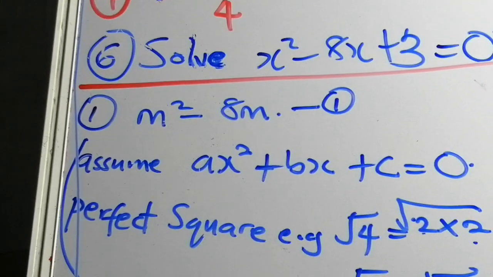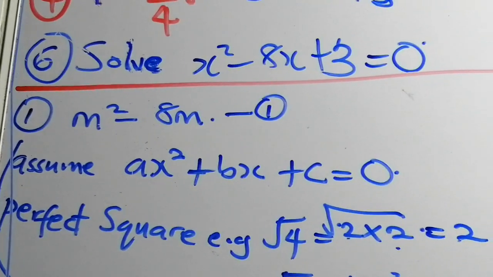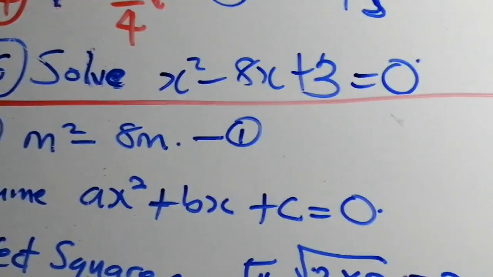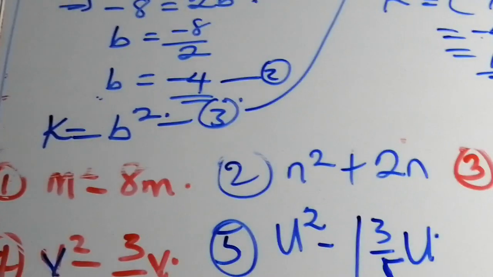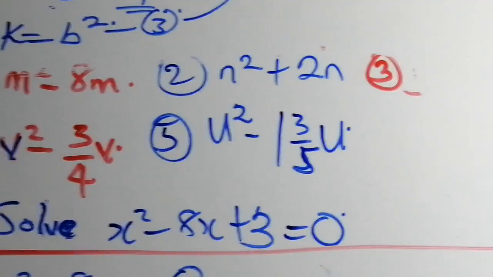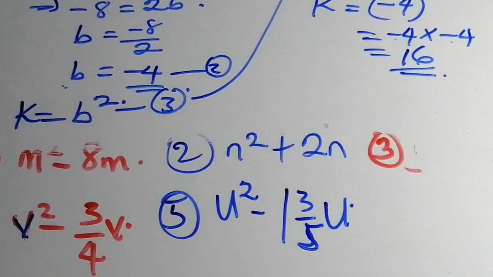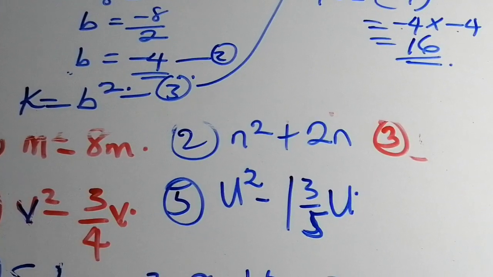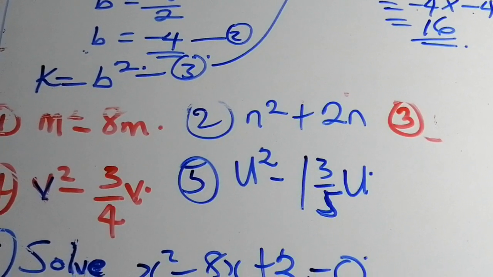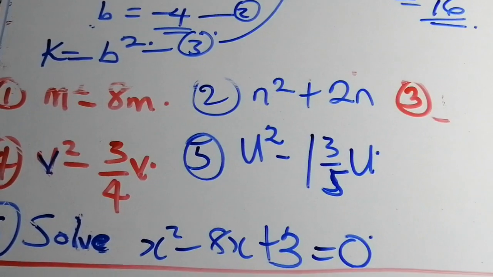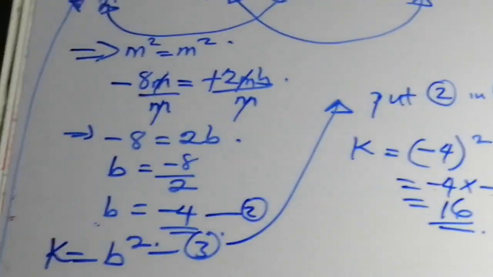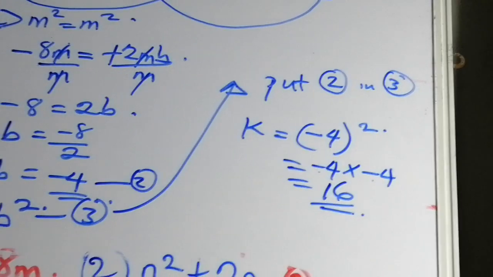So like I said, this is very simple. What I would do here is ensure that we solve as many questions as possible, so that we can get more clarity on how we can use the completing the square method. And I've told you, don't forget, it's very simple.